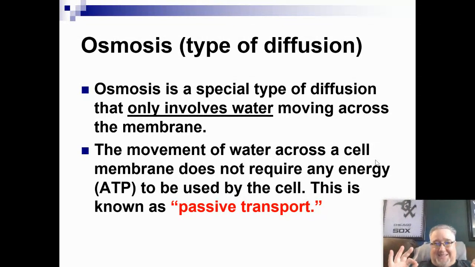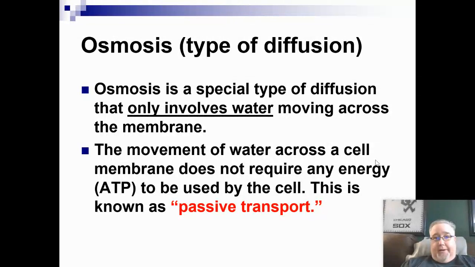We're talking strictly water. So if water, which is on both sides of your cell membrane, moves back and forth from one side of the cell to another, it's going to again move from areas of high concentration to areas of low concentration.